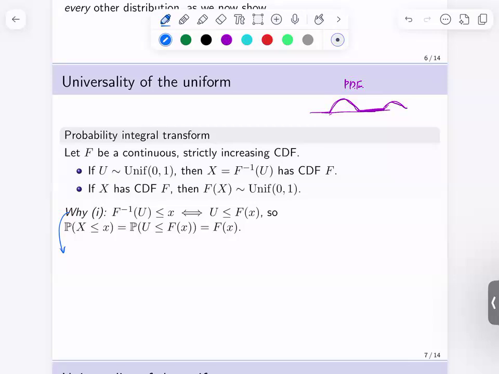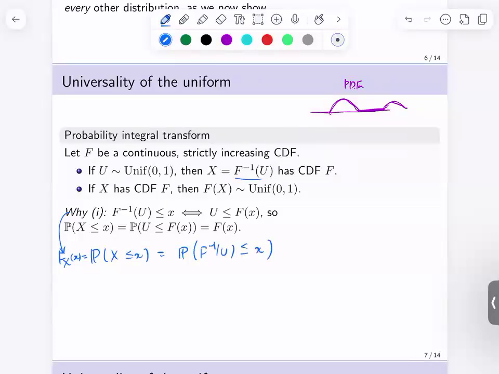So I want to calculate the probability that X is less than or equal to x. This is the CDF of X evaluated at x. This is going to be the same, by definition, as the probability that F inverse of U is less than or equal to x.